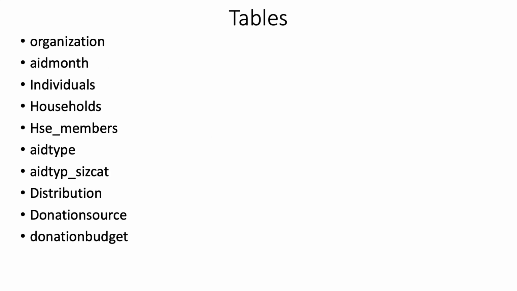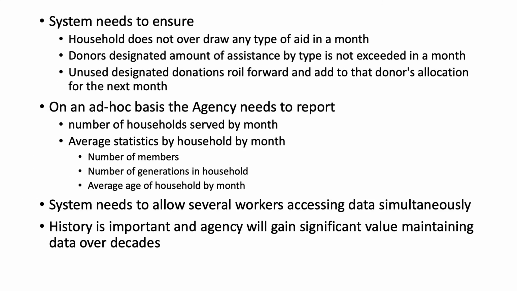By the same token, if you have a requirement that says history is important and the agency will gain significant value maintaining data over decades, if you've read as much as I think you have by now, you know that Access has a total storage size of 2 gigabytes, which sounds like a lot of data.